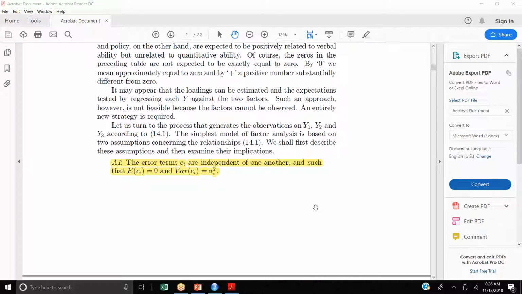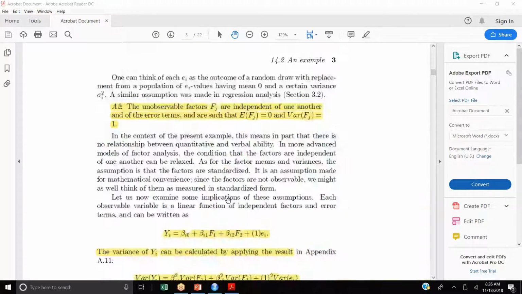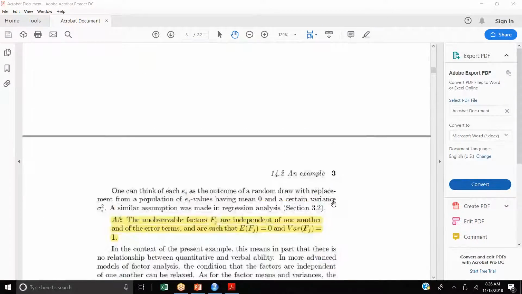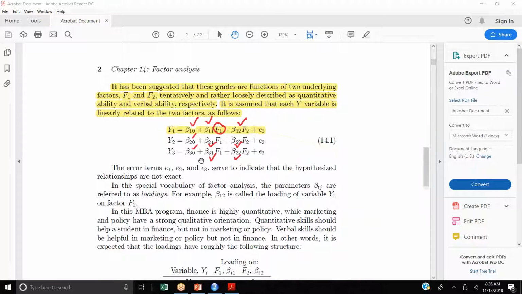Yes, sir. So there are some assumptions, but there are some terminologies. Any science is a collection of new terminologies. Beta 1, beta 2, beta. These beta values are called loadings, factor loadings, because they are, I don't know. I would like to say weights, factor weights.